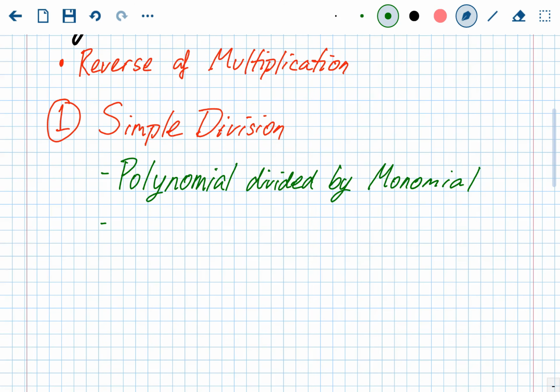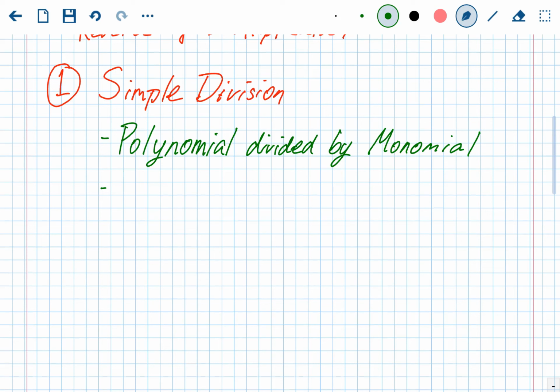In simple division, very similar to how we were doing the simple multiplication, multiplying by a monomial, where it was just the distributive property plus exponent properties, it's the same thing when we're dividing by a monomial. We're just going to be using exponent properties again, except this time we'll be using the quotient rules rather than the product rules.